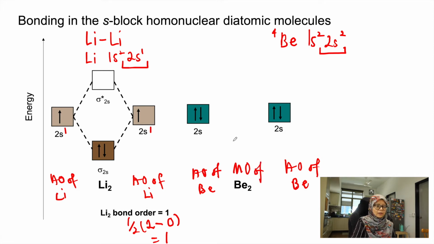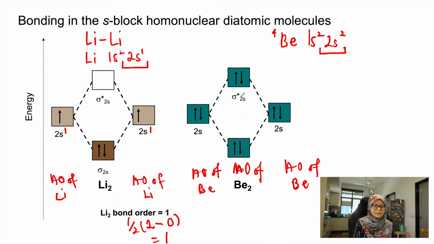Here we have the sigma 2s and also sigma star 2s. You need to add electrons on this side and this side, so 2 plus 2 gives us 4. Please remember that the maximum number of electrons in one orbital is only 2.